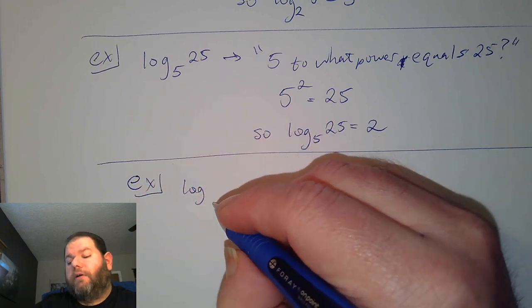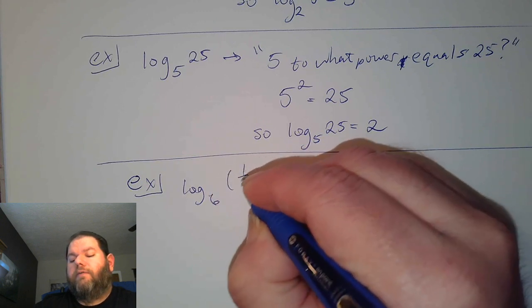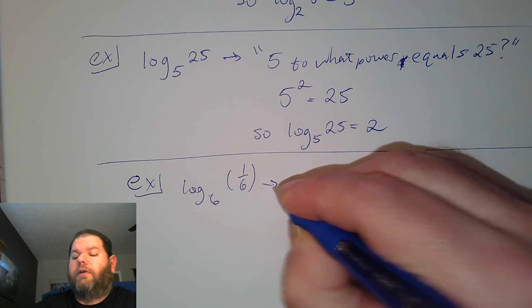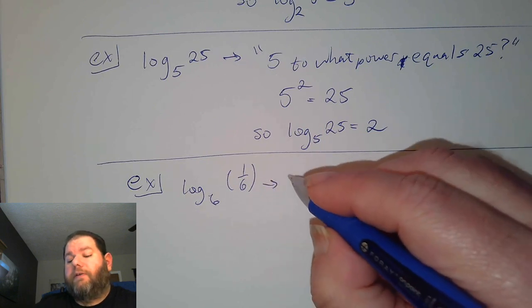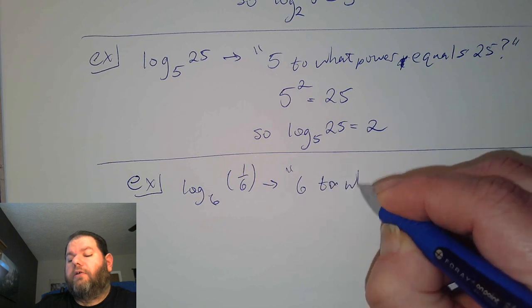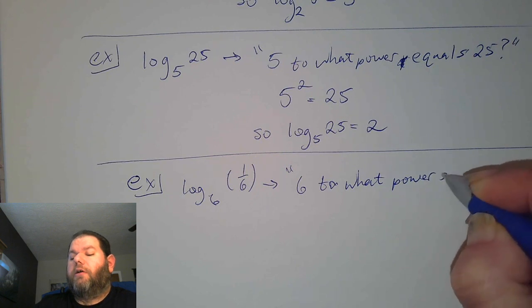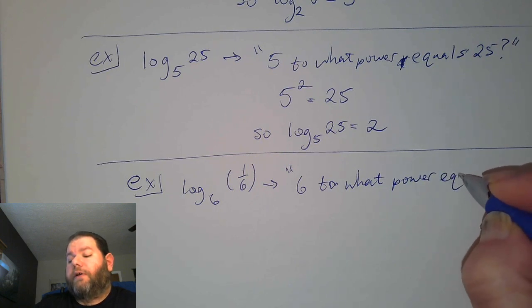Then if we have log base 6 of 1 over 6, again our thought process is 6 to what power equals 1 over 6.